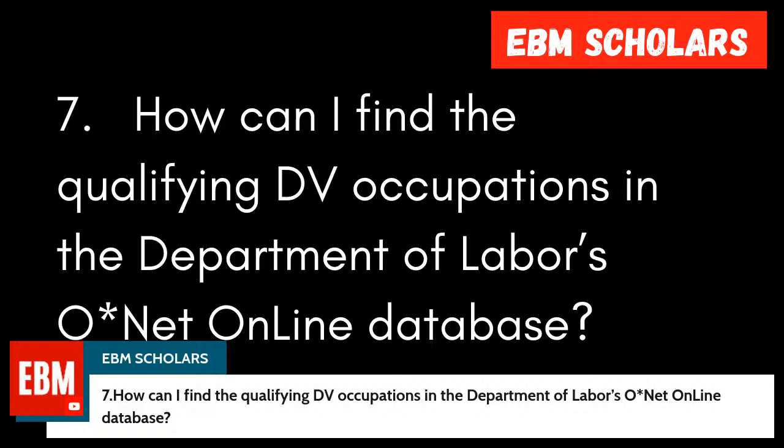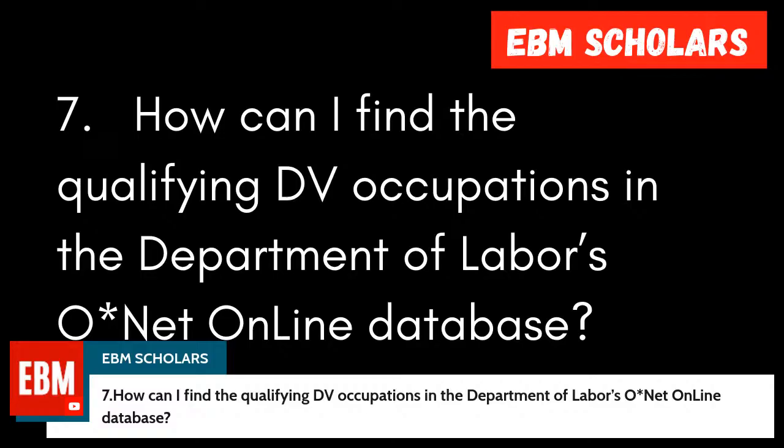Now, how do you find it? Obviously, in order to do that, you have to go to the O*NET Online Department of Labor's database to see if your work experience is within the SVP range of 7 or higher.